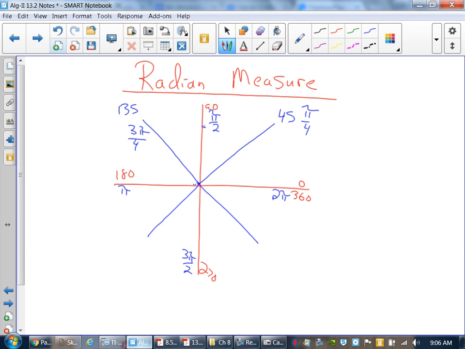4/4 is 1. This would be 5/4. What's 180 plus 45? Write that down. Okay. Notice, this is a little trick to show you here that you'll catch on hopefully. How far apart are those 2 degrees?